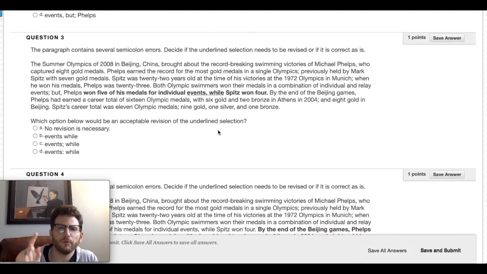Okay, and we'll read for some context. Both Olympic swimmers, talking about Phelps and Spitz here. Both Olympic swimmers won their medals in a combination of individual and relay events, but Phelps won 5 of his medals for individual events, while Spitz won 4.